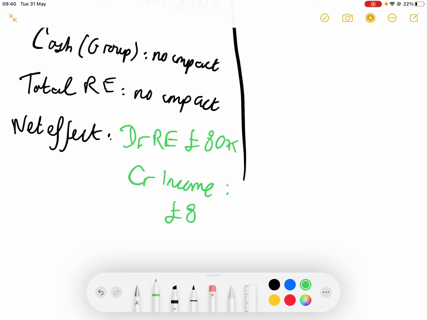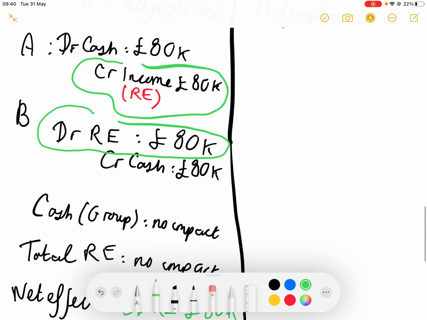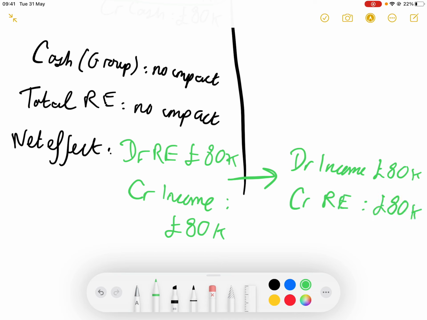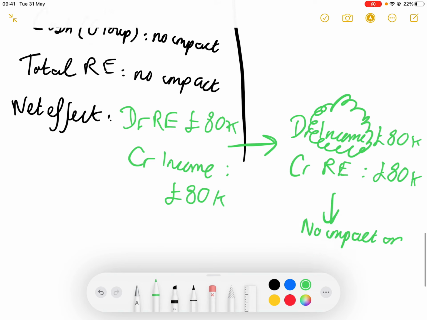And income is eventually going to feed into our retained earnings through the profit and loss figure. So there's no impact. So the adjustment we're actually posting is the opposite. We're debiting income, 80k, and crediting retained earnings, 80k. As I said, income is feeding into your retained earnings figure eventually, so there's no impact on your consolidated retained earnings figure.